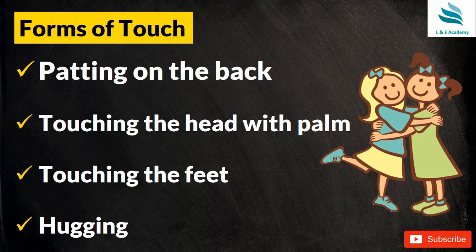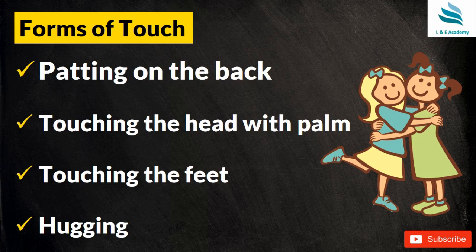For example, patting on the back may be considered a form of encouragement, a form of giving assurance, but continuous patting on the back might offend people. They might take it as a feeling of being taken for granted, as a feeling wherein you are trying to portray yourself as a dominant person. So these are different contexts in which the same feeling can be understood in a different way.